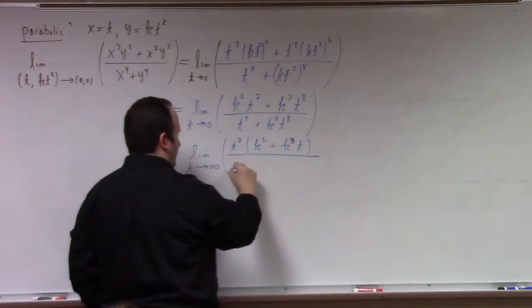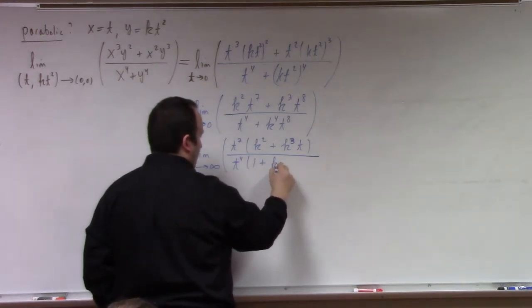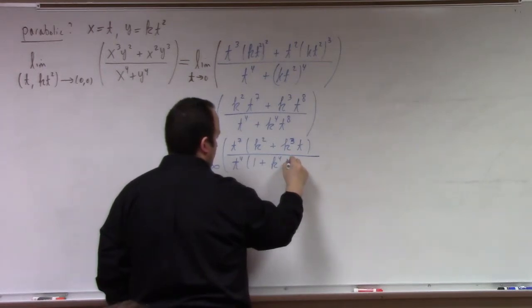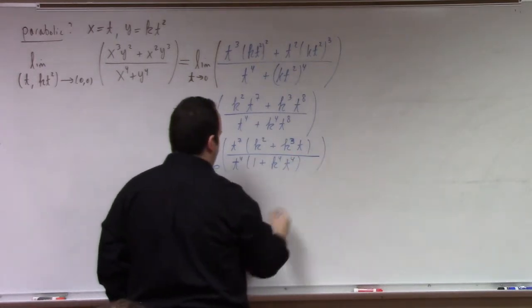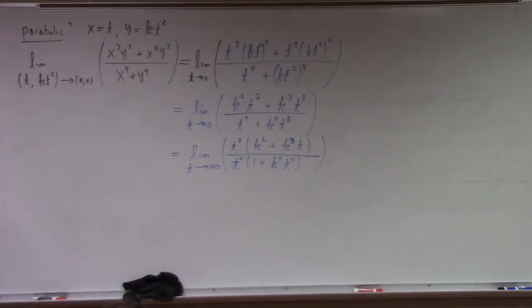In the denominator, we can factor out a t to the fourth times 1 plus k to the fourth t to the fourth, yeah? Got bad news, folks. After we cancel, we've got a residual t cubed. It still works out to 0.